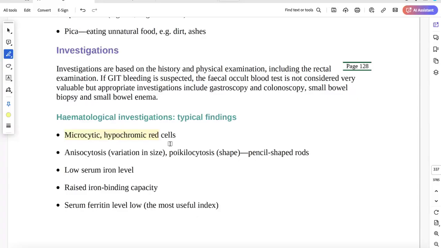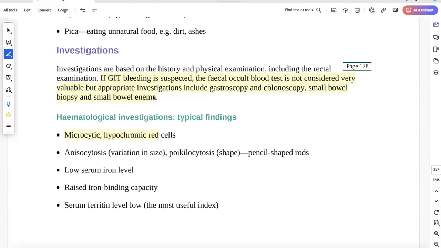Now, this comes in the exam. They give you a scenario and ask what will be your next choice of investigation. Always remember, if we get iron deficiency anemia in a patient above 50, we are always concerned that they are bleeding from their bowel, from their gut, or that they have a bowel cancer.